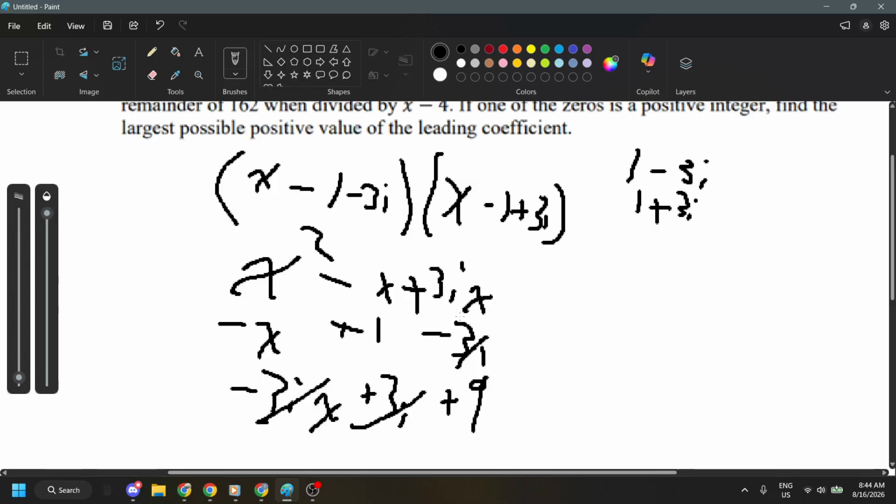These cancel out, so we have x squared minus 2x plus 10.